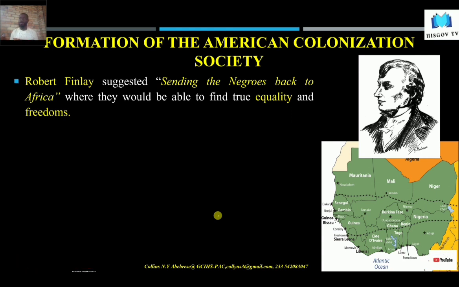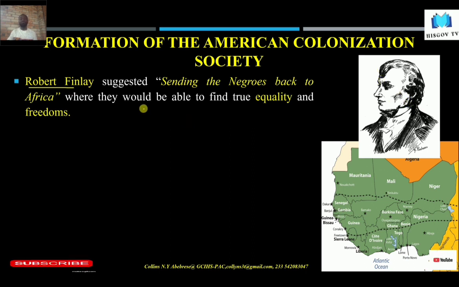So when something had to be done about the situation or the plight of these freed Negroes, there was this man known as Robert Finley, and that is the image you find over here.